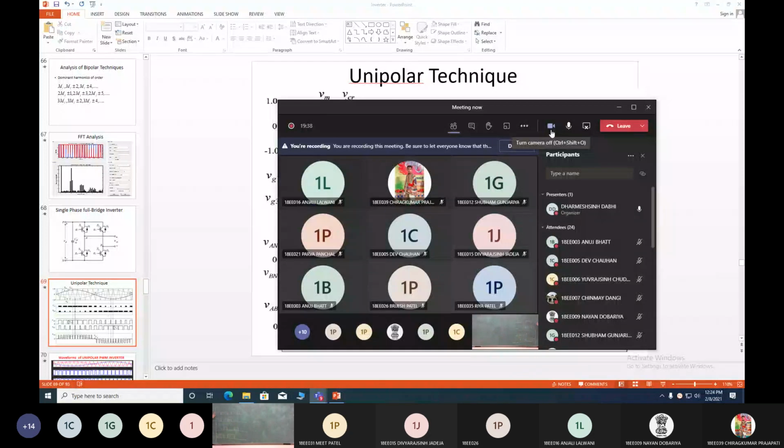So let's see that here. This is the VG1. Let's draw the circuit diagram of a single phase full bridge inverter. Suppose this is switch number 1, switch number 4. Here you apply the DC voltage.